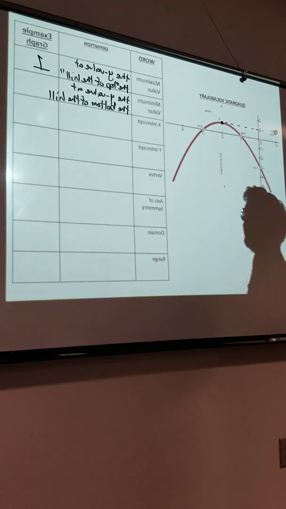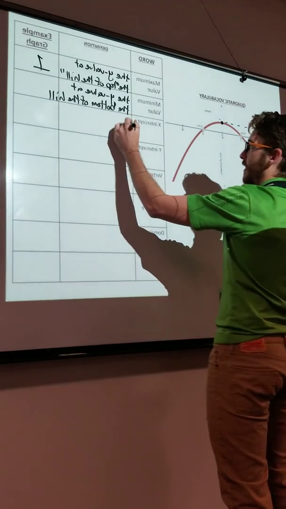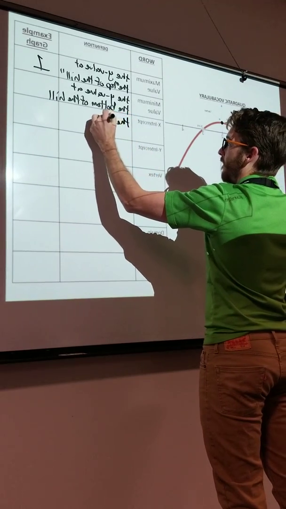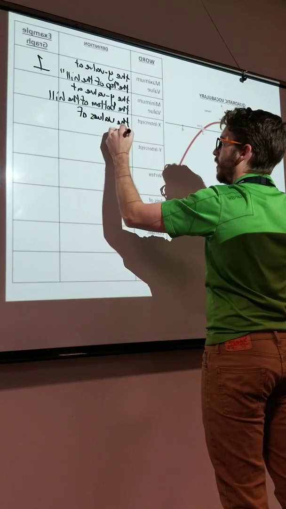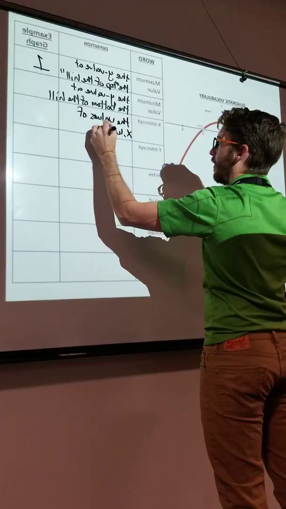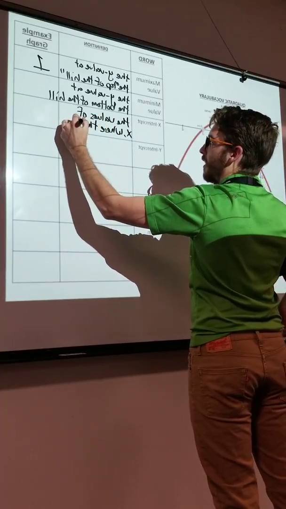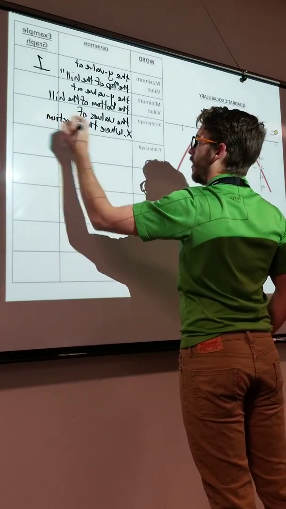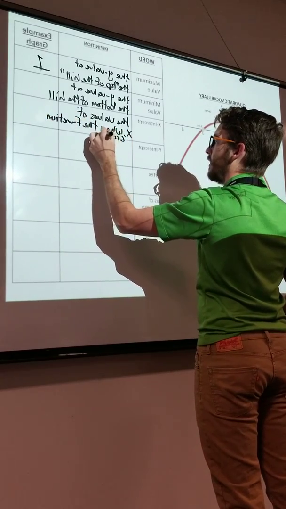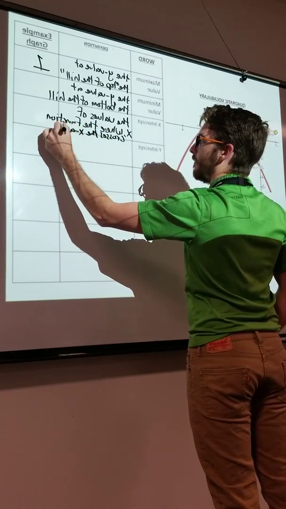The next vocabulary word is something that we also know. It's x-intercept, and it's just the values of x where the function crosses the x-axis.